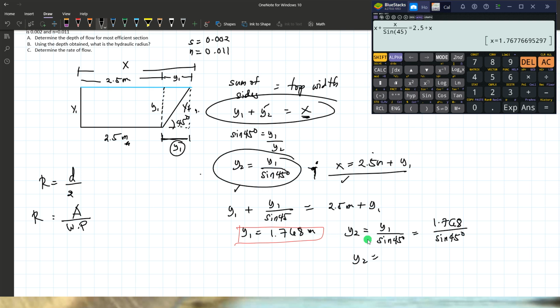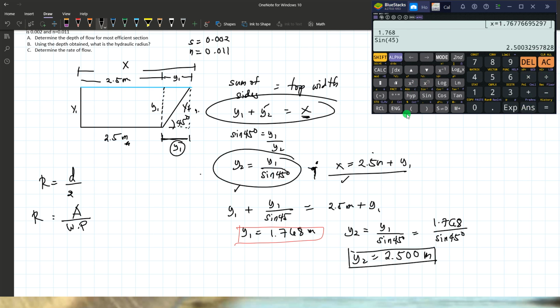Okay, so y sub 2 is 1.768 over sine 45. The answer is 2.500, okay, 2.5 meters.